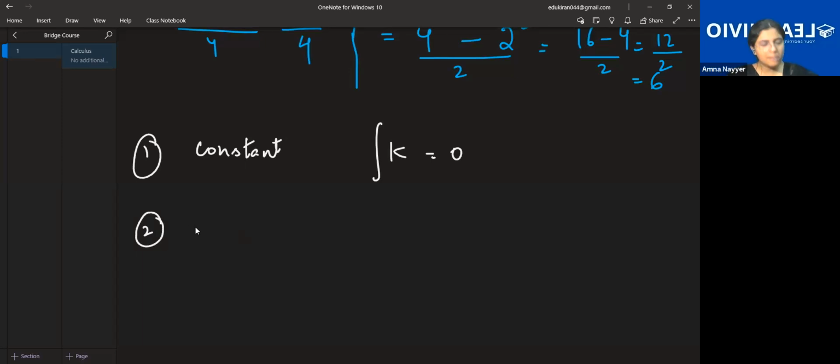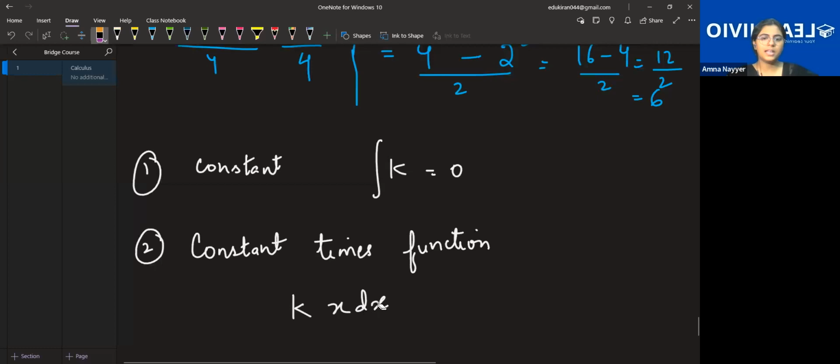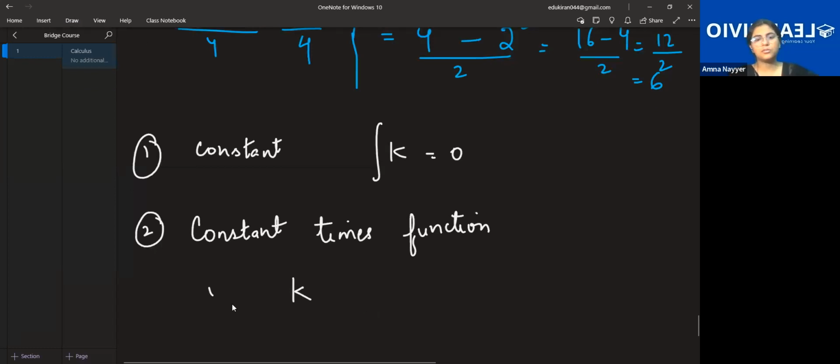But the important property that confuses is constant times function. Means k, now you have x dx. Or it's better if I write it general. Suppose this y is a function.